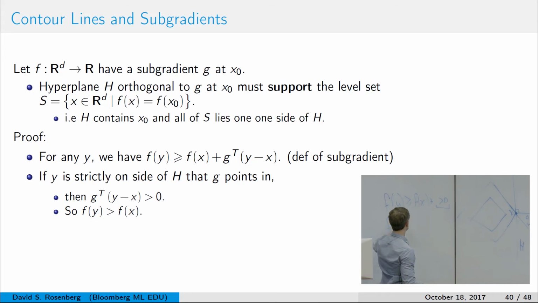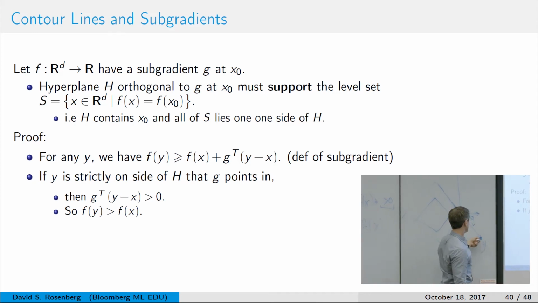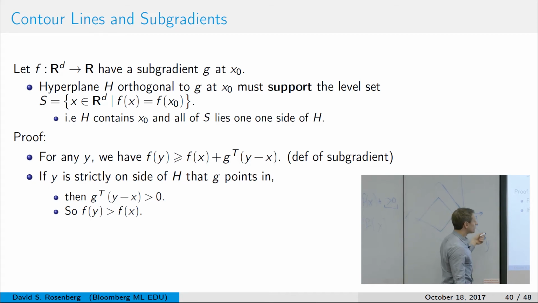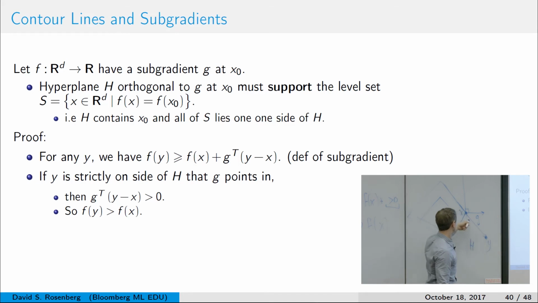So we're starting with f of x, and we're adding something strictly greater than 0. We're going to end up with something that's strictly bigger than f of x. All right? So if we assumed y is over here, then f of y is strictly bigger than f of x. But if f of y is strictly bigger than f of x, then y cannot live on the same contour as x, because the contour has things that all have the same function value.